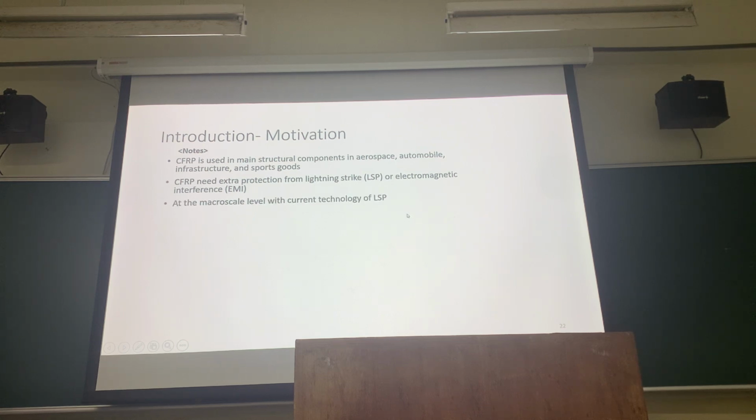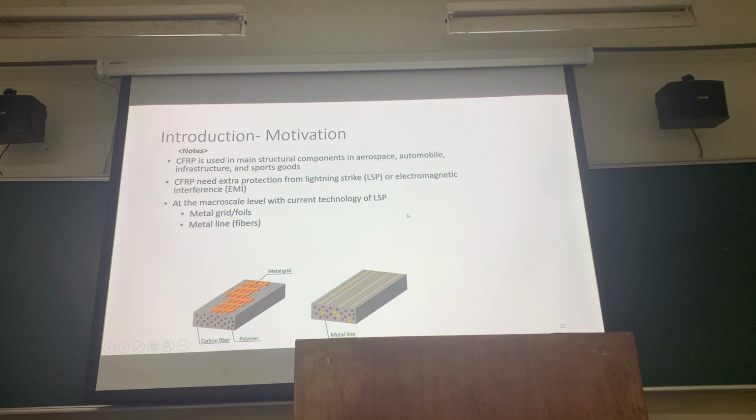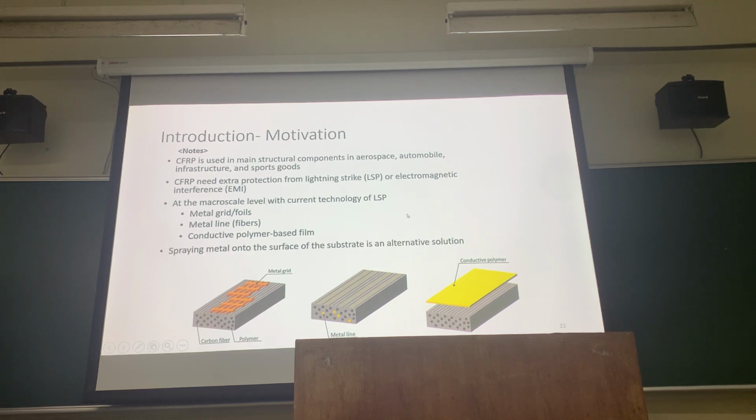At different levels, there are metal threads, metal lines, and then conductive polymers. There are a lot of ways you can increase its electric conductivity. These are common methods: metal threads, metal lines, and polymer-based film that you can put on. But spraying metal on the surface of the substrate is an alternative solution.